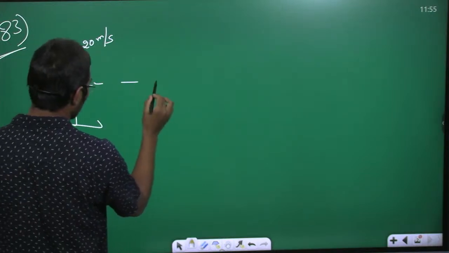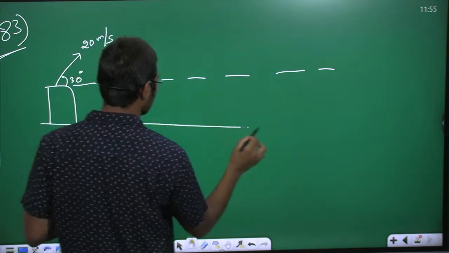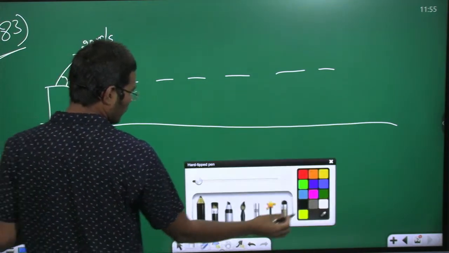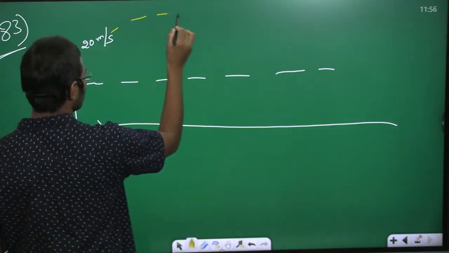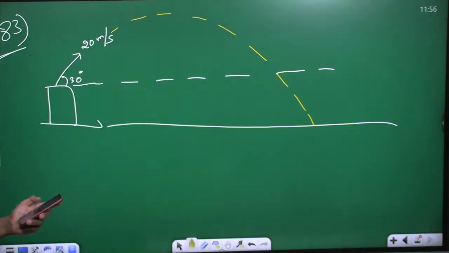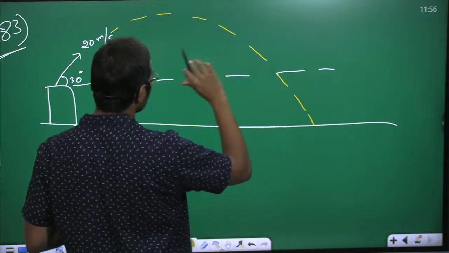So let's try to predict the motion of the ball. It tries to fly this way and hits the ground. See, if you try to erase this portion, it will be a normal projectile motion.